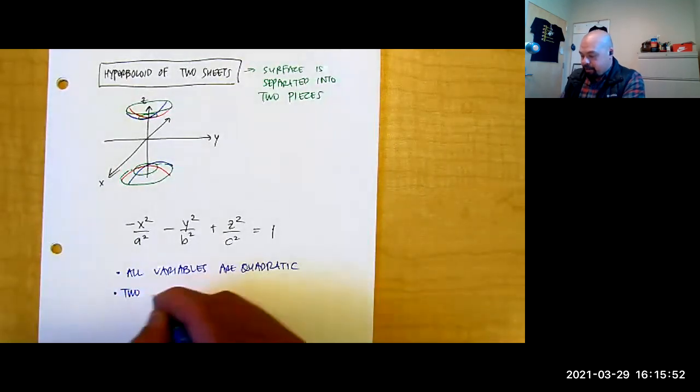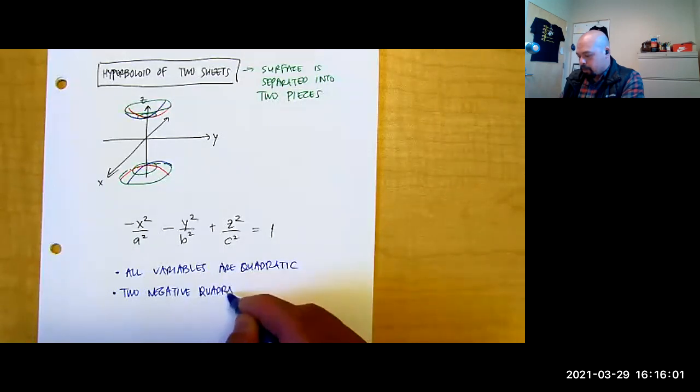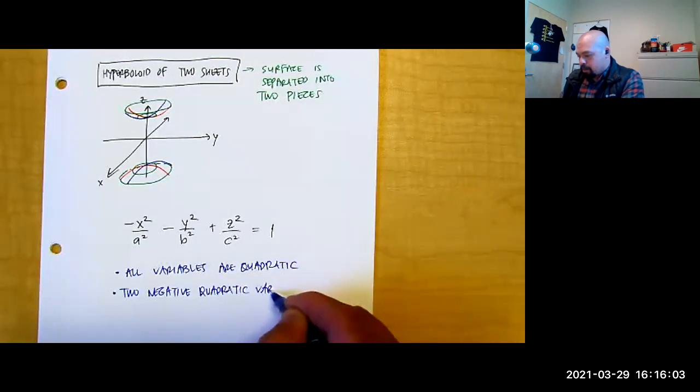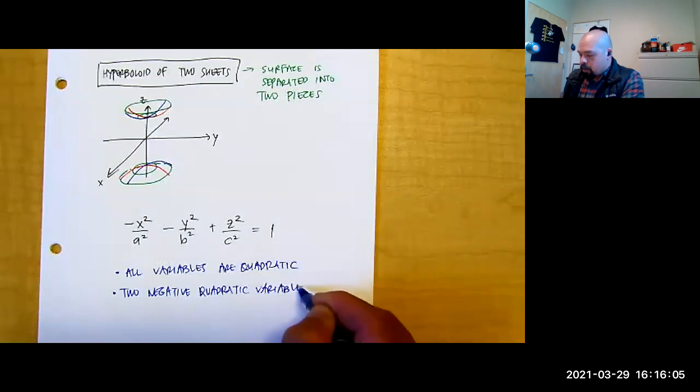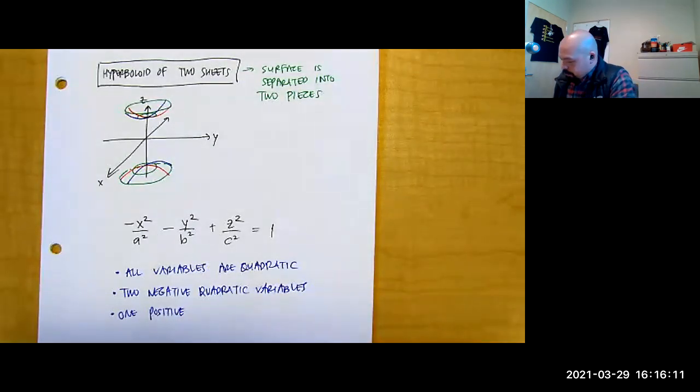But in this case, we're going to have two negative quadratic variables. One positive, right? So again, two with the same sign, one with a different sign. This time the two that are the same are negatives.